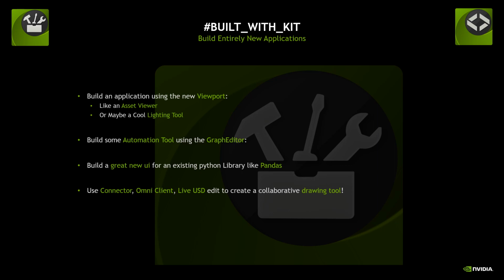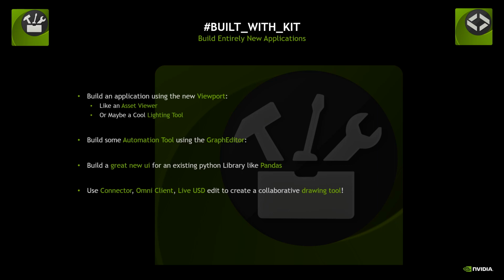You can also go outside of the world of 3D and build new things that don't necessarily need the viewports or maybe even USD. You can build great automation tools using the graph editor, connecting different tasks together. You can leverage the UI system on its own, without any of the other pieces, to build UI for a great library, maybe like Pandas or whichever is your favorite Python library, and try using Omniverse and Omni UI instead of maybe Python Qt to build it.